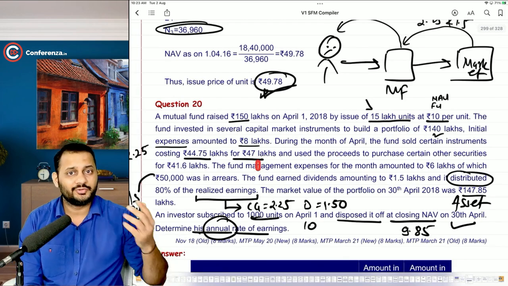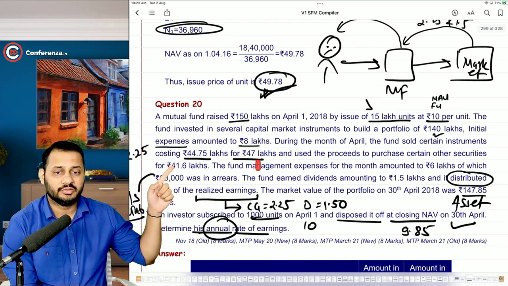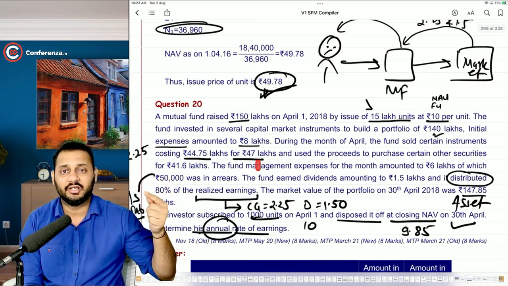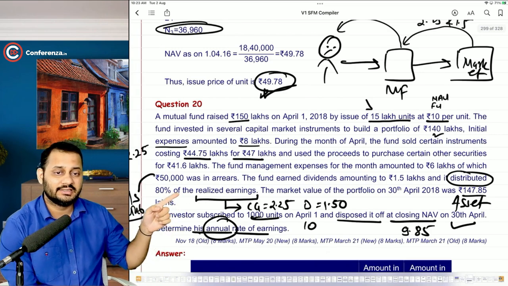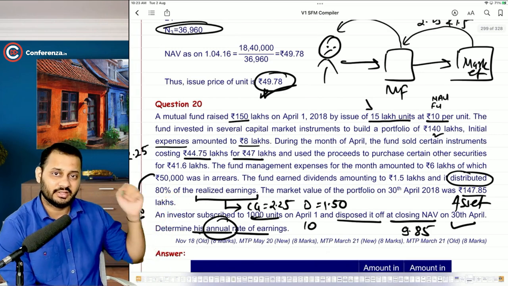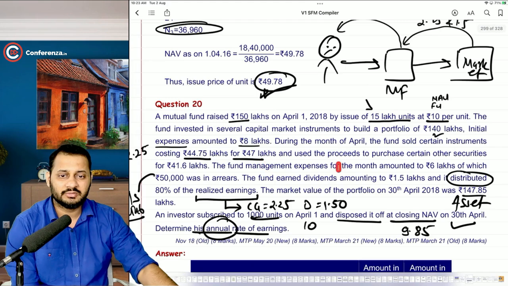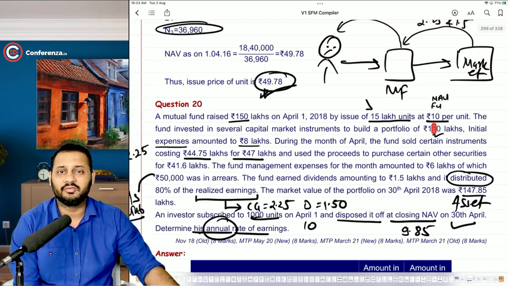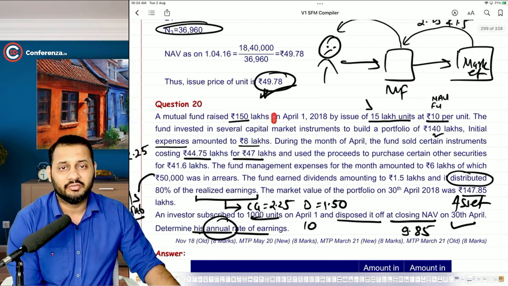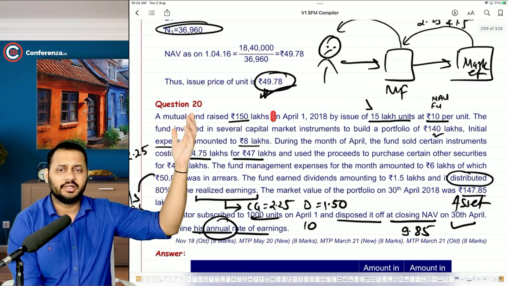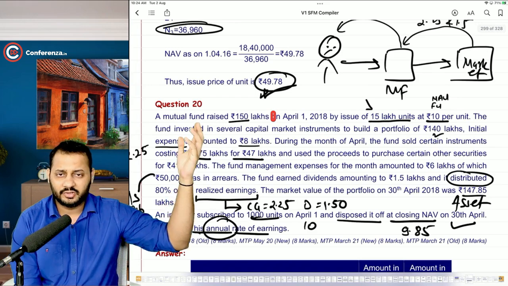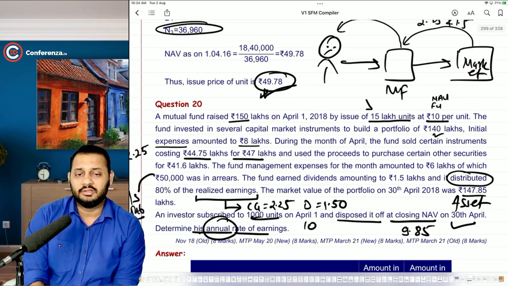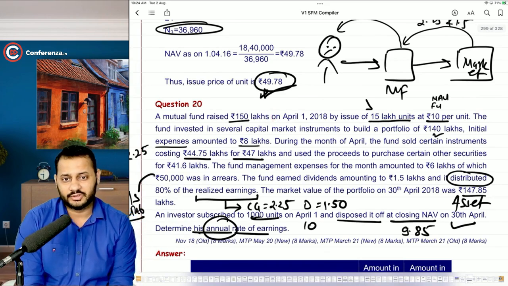A lot of students will try to do some calculation on these investments, purchase and sale, and try to match their answer in the calculator with the 147. That is not going to happen because this market value is at the end of the 30th April 2018. You had purchased the portfolio at 140 lakhs at 1st of April. So obviously the market value will tend to increase or decrease over a period, and it's a waste of time if you are going to match it with the closing value.